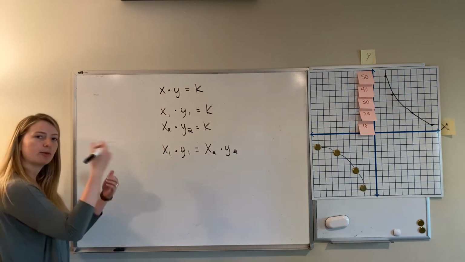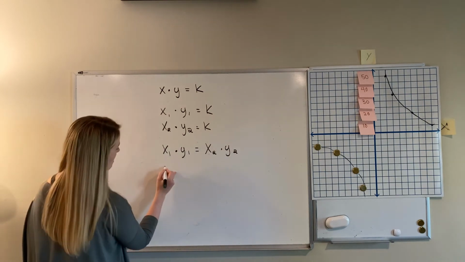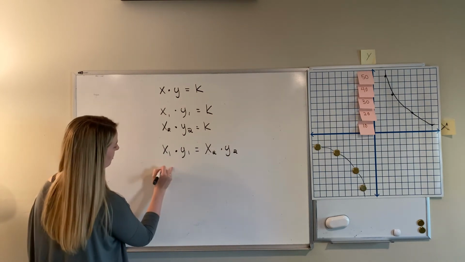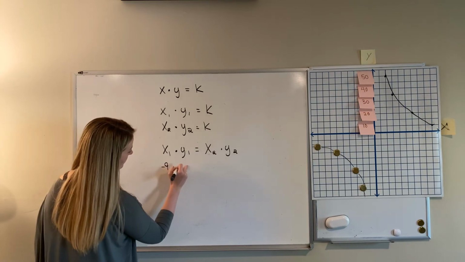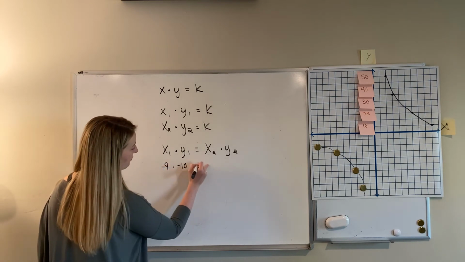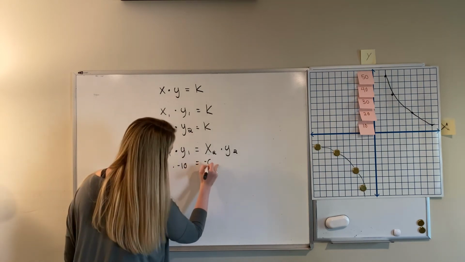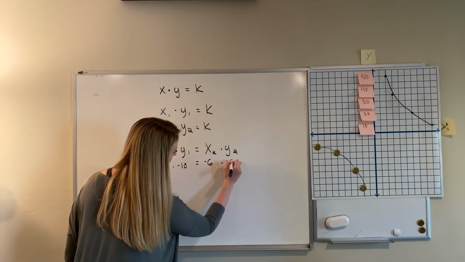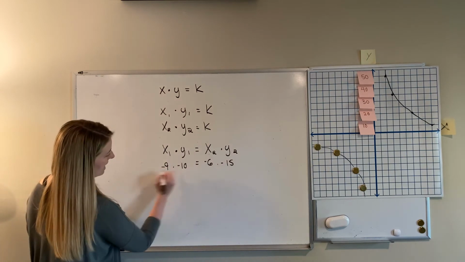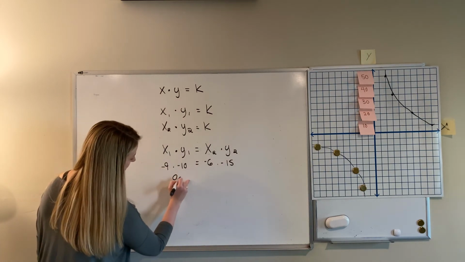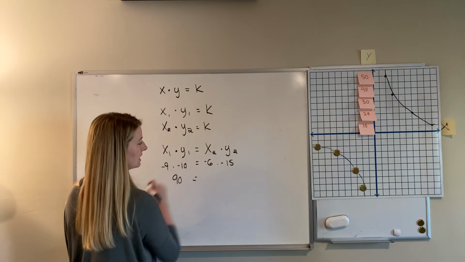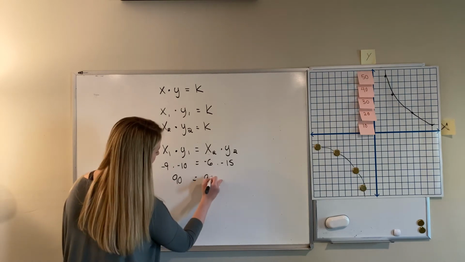And remember, our previous example, we had for our first xy value, negative 9 times negative 10. And for our second value, what did we have? We had negative 6 times negative 15. Well, negative 9 times negative 10 is equal to positive 90. Negative 6 times negative 15 equals positive 90.